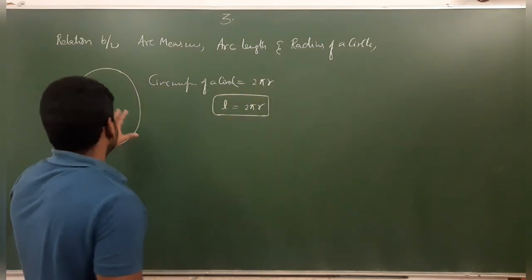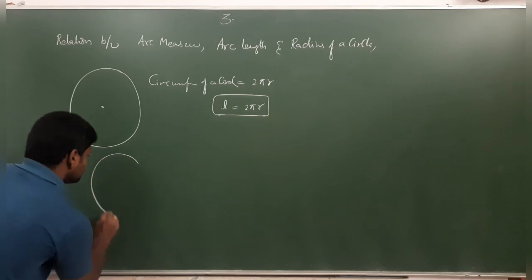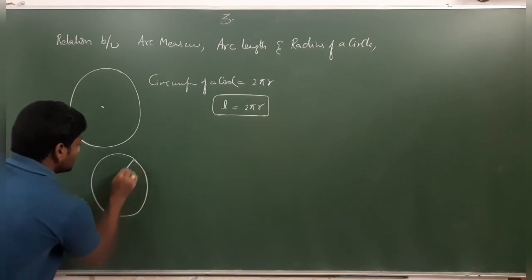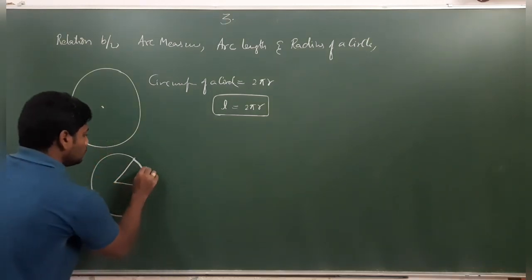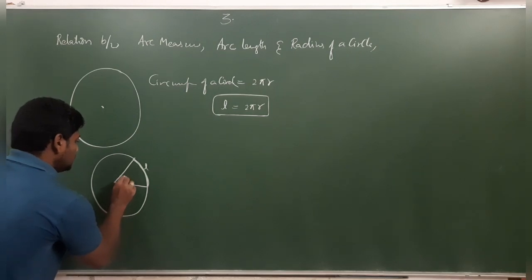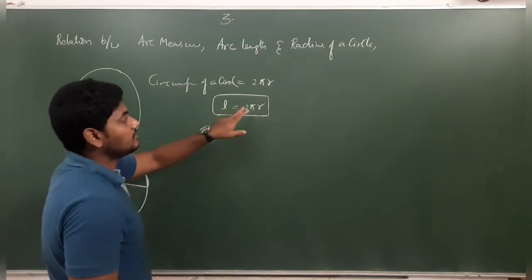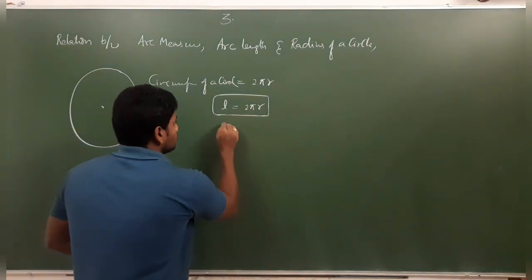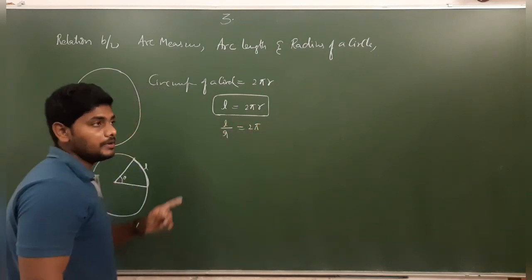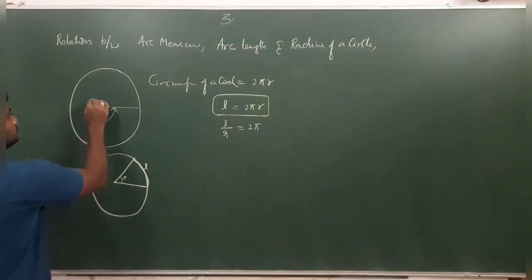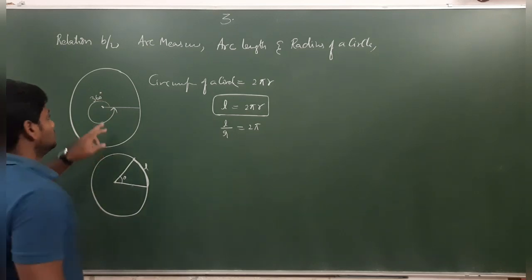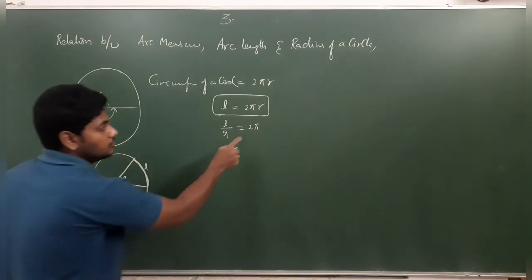Now, through the circumference of the circle, if I consider an arc from this circle with these extreme edges, how to find this arc length? If we have a theta, from L equal to 2 pi r, can we write L by r is equal to 2 pi? Theta equal to 360, and 360 in terms of radians is equal to 2 pi.